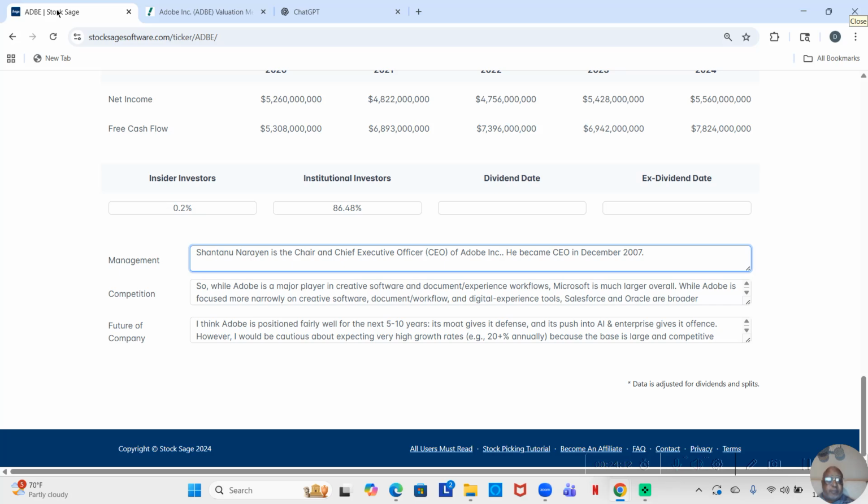Well, under management, Shantanu Narayen is the chair and chief executive officer of Adobe Inc. He became the CEO in 2007. Why is that important to know when he became the CEO? Because our analysis on him started in 2020. So, it would be significant to know if the CEO running this place just became CEO last year or he's been CEO in all the years we've analyzed it.